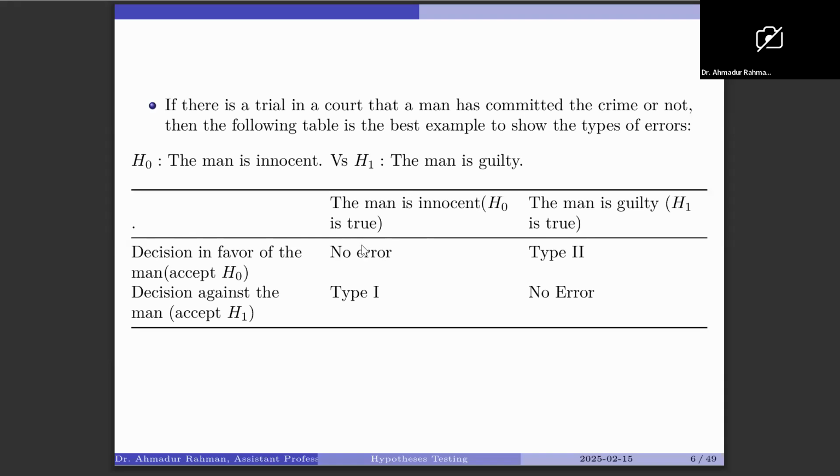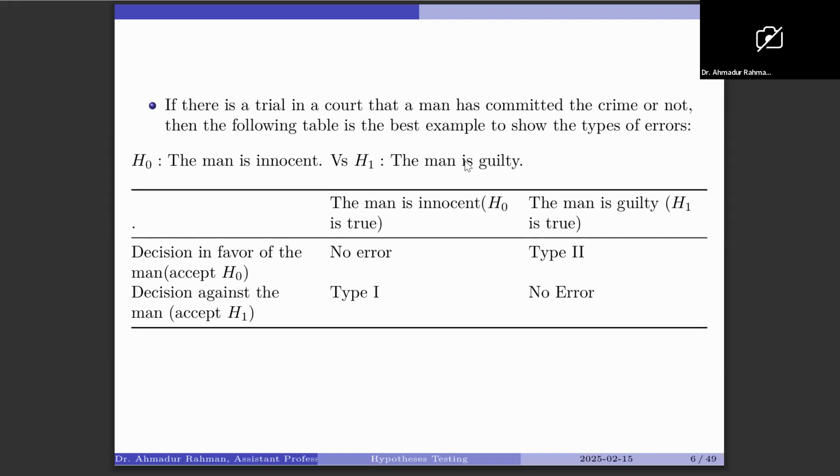If the man was innocent and the decision came in favor, that means there is no mistake. But if the man was guilty and the decision came in favor, meaning he was acquitted, he got off even though guilty, he did not get punishment, then this is an error, and this error is called type 2 error. Okay.